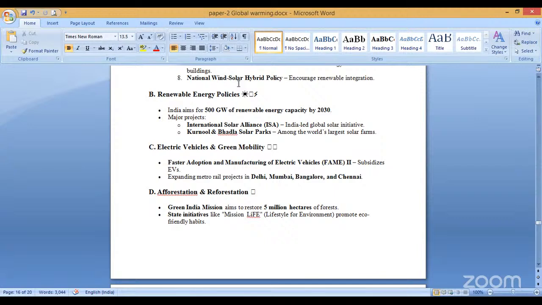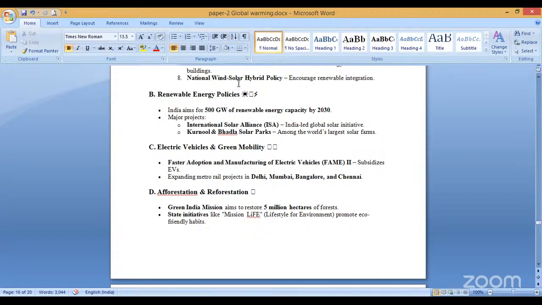India aims for 500 gigawatts of renewable energy capacity by 2030. The major projects are the International Solar Alliance (ISA), a global solar initiative led by India, and the Kurnool and Bhadla solar parks, among the world's largest solar farms.